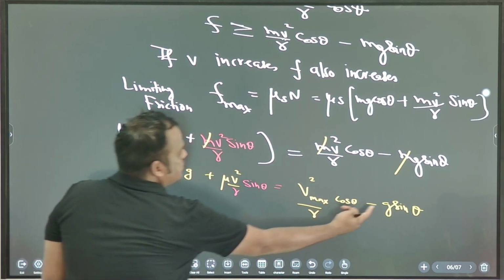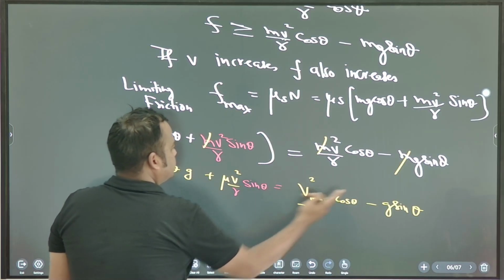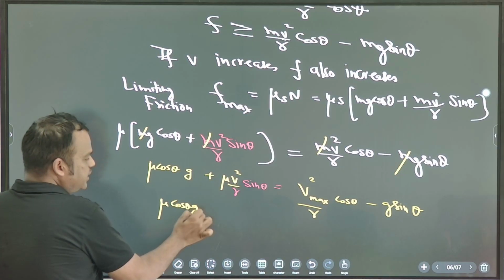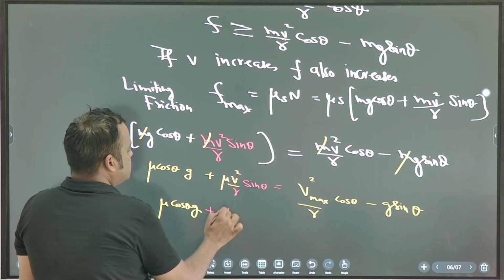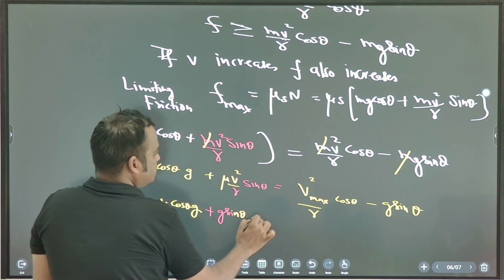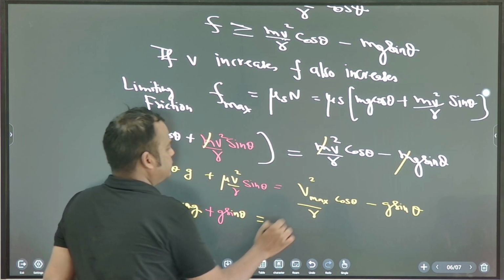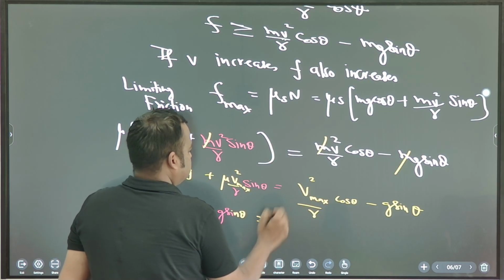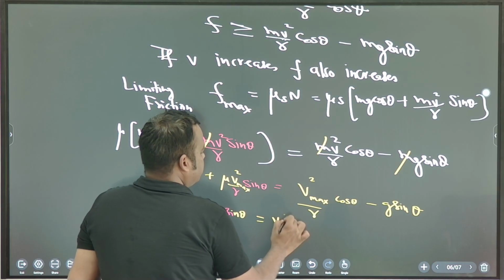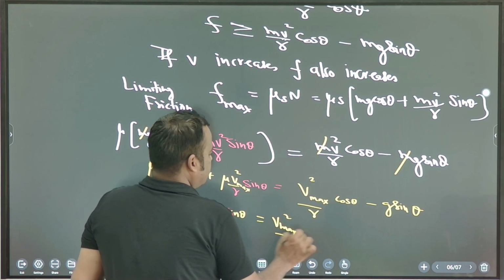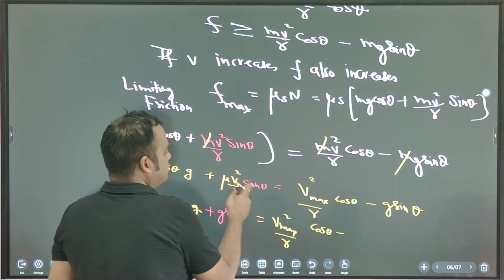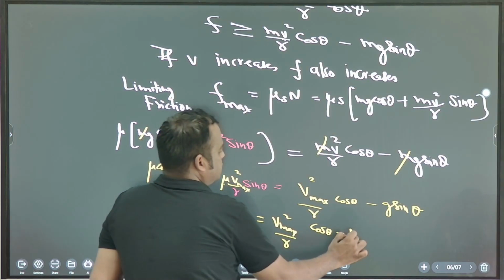So take this to the left side. So mu cos theta g plus g sin theta is equal to V max square by R common, cos theta minus mu sin theta.